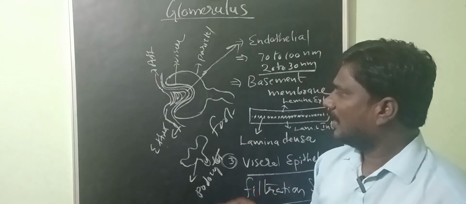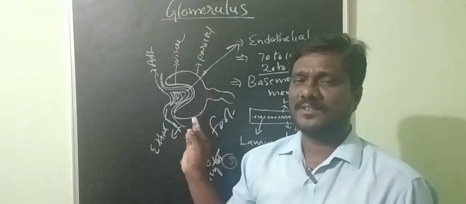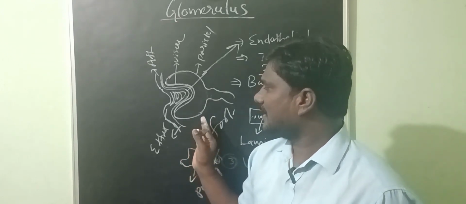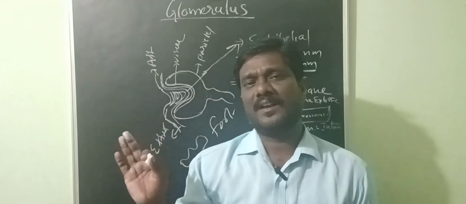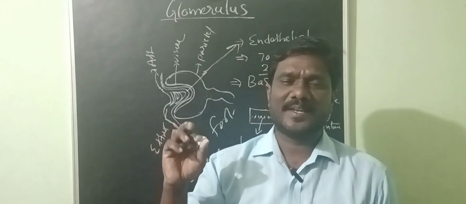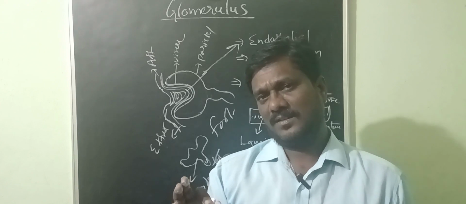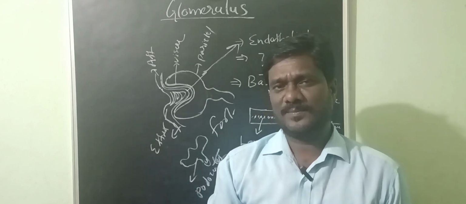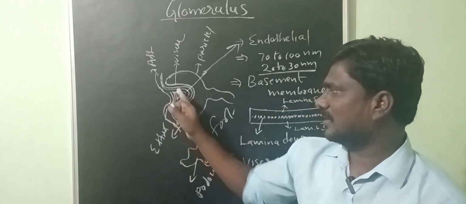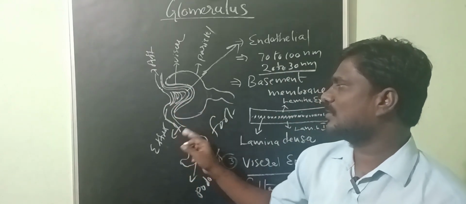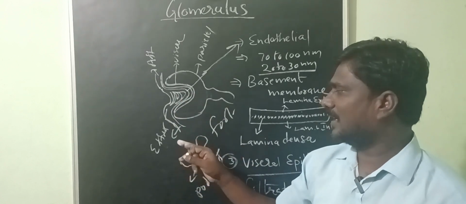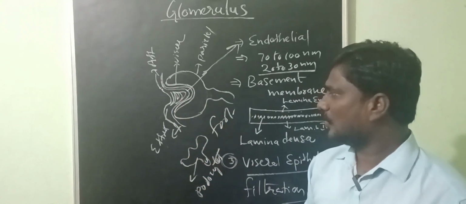An unusual setting here: every organ is reached by an arteriole and left by a venule, but here both are arterioles, because this helps to put great pressure inside the glomerulus.